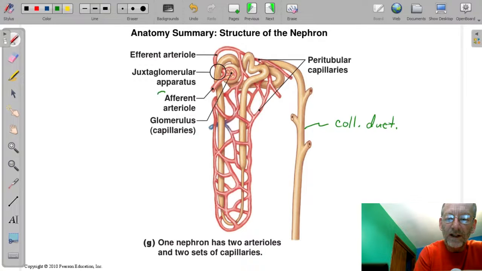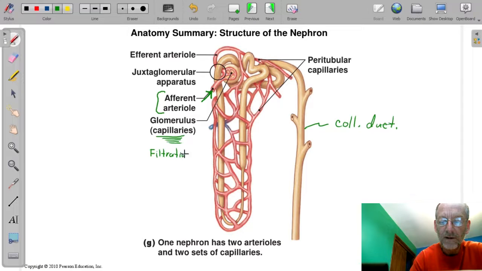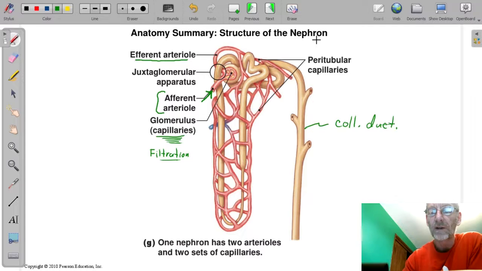So here is the afferent arteriole. So blood is entering, goes into the glomerulus, which is a series of capillaries, and that's where filtration will occur. And then the blood leaves, and it goes out through the efferent arteriole.